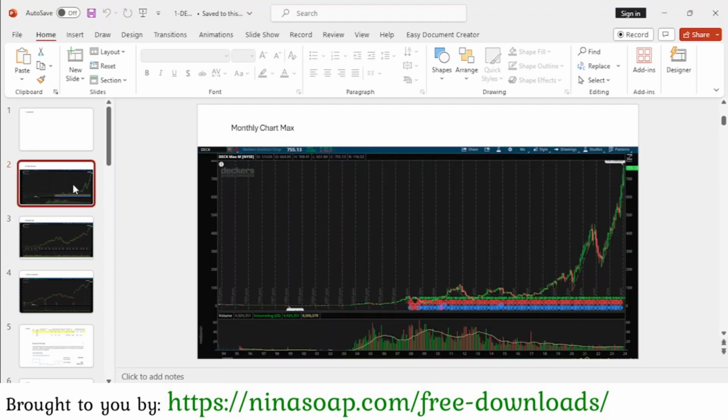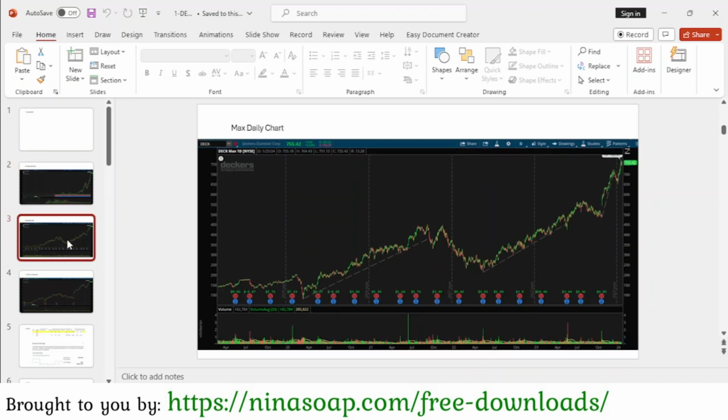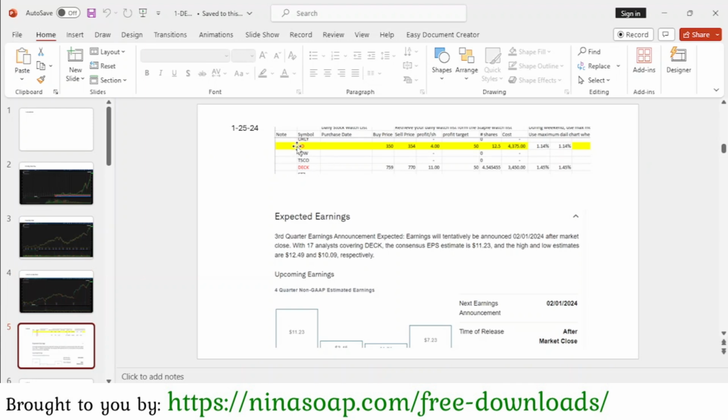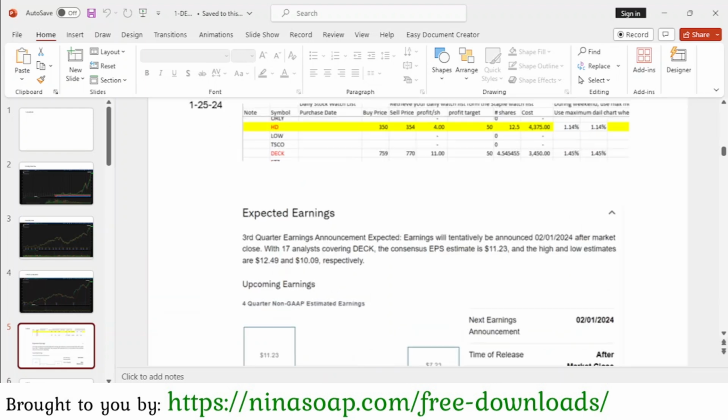So we have the monthly chart to show the layout of the stock from far. That's the monthly chart maximum. Then we have the maximum daily chart that can fit our screen. Then we have the 1 year daily chart to see the low and the high, the 52 weeks low and high. And then what we plan on purchasing of it, and that will be three shares.